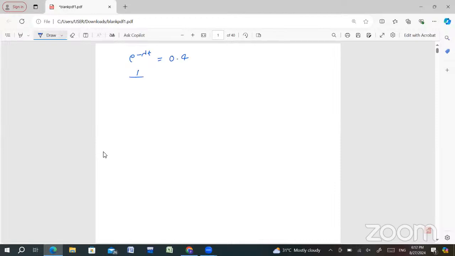So we can write it as 1 divided by e to the power lambda t, equal to 0.4. Now from here, 1 divided by 0.4 will be equal to e to the power lambda t.